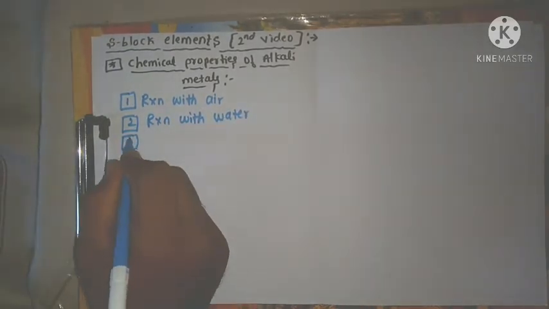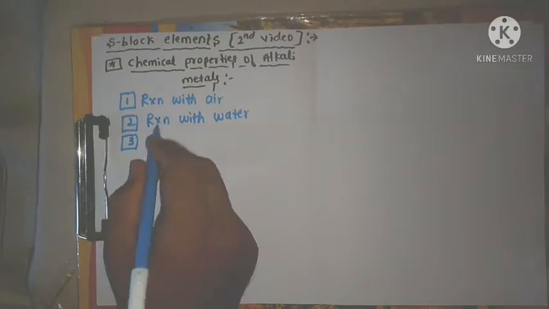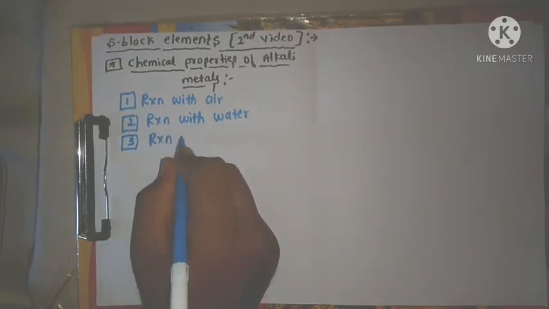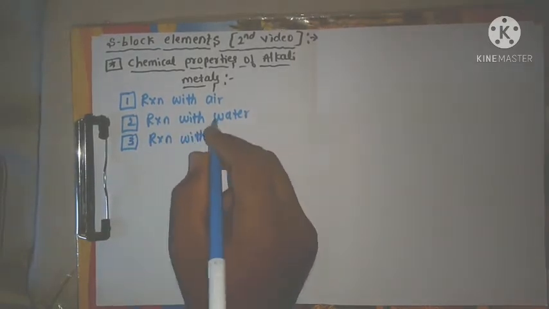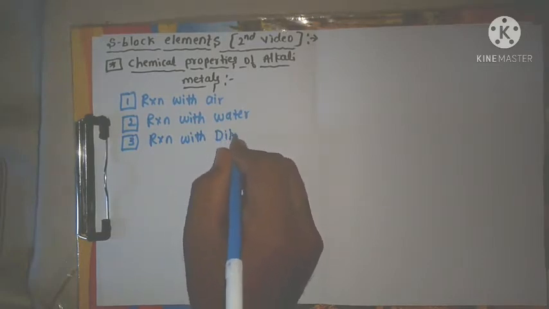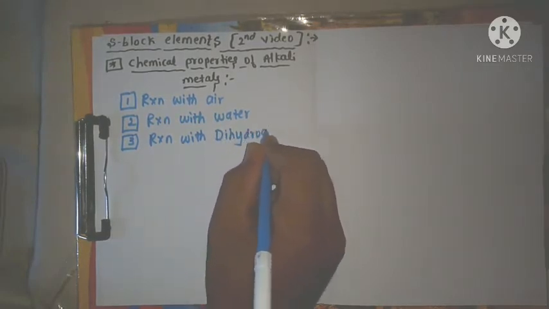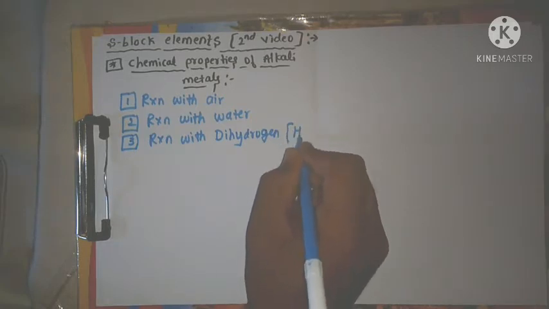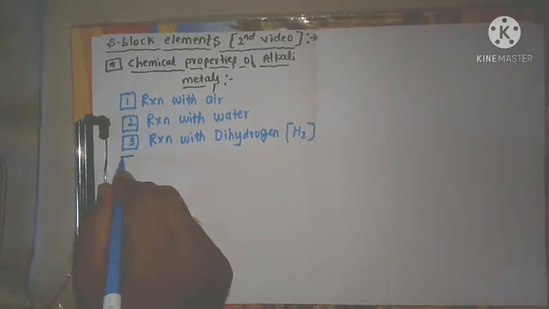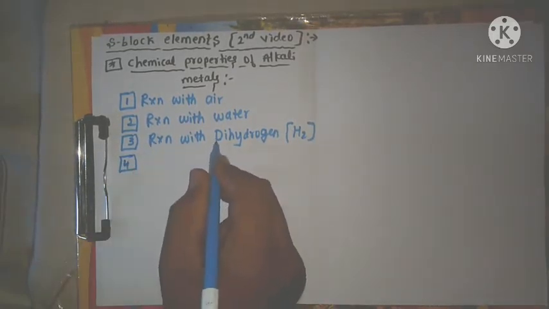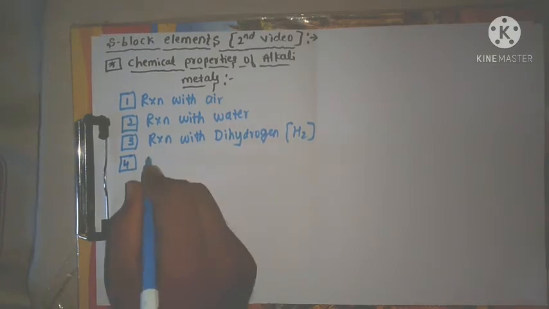Third chemical property or reaction is reaction of alkali metal with dihydrogen, that is H2. How the alkali metals react with H2, that we are going to study in the third one. Next, the fourth one is reaction with halogens.